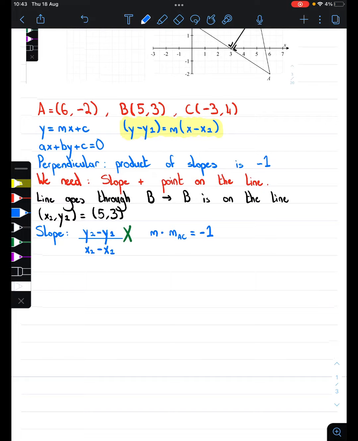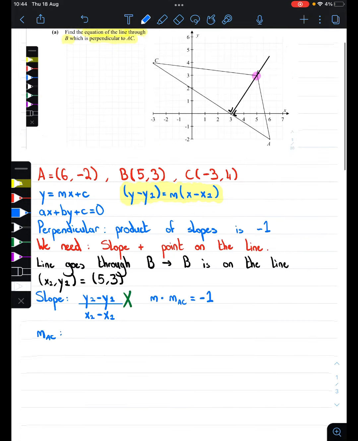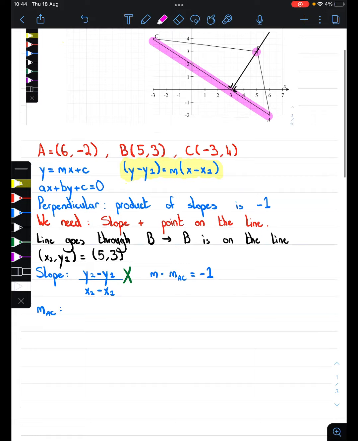To solve for m, we'd need to know the slope of AC. And this we can solve using our slope formula, because we do have 2 points on the line AC: we have A and we have C. So point 1 is A, equal to (6, -2), and we'll let that be x1, y1.